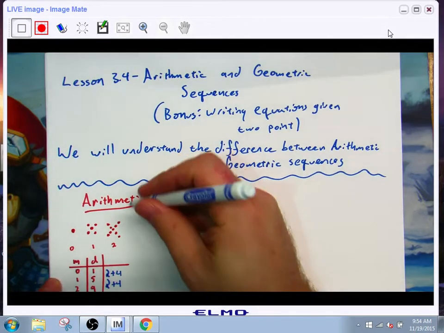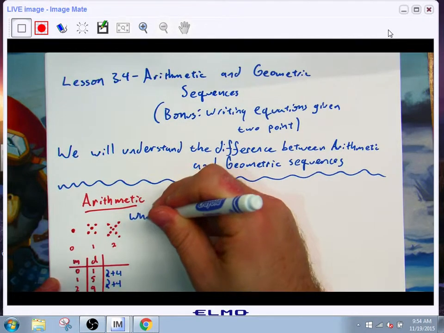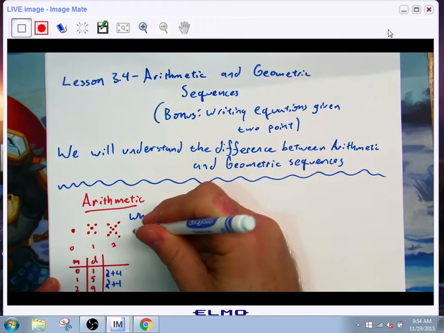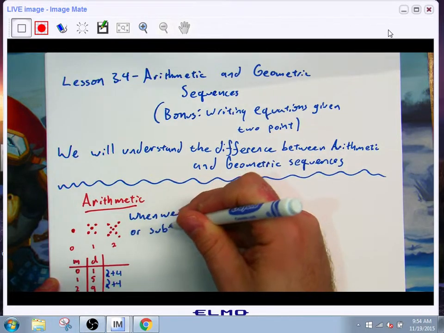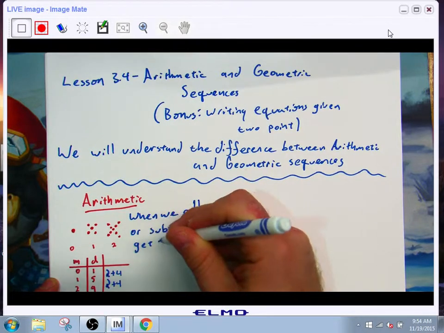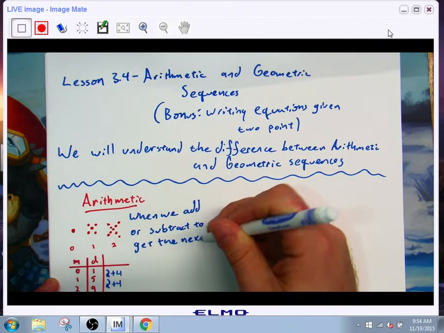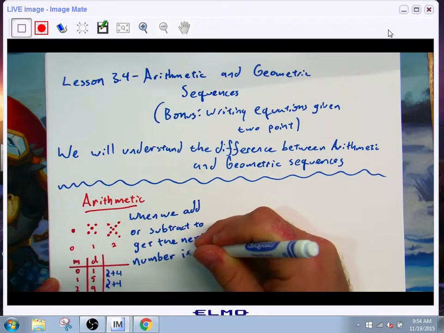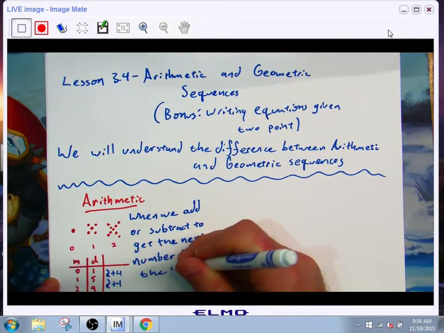Why? An arithmetic sequence is when we add or subtract to get the next number in the sequence.